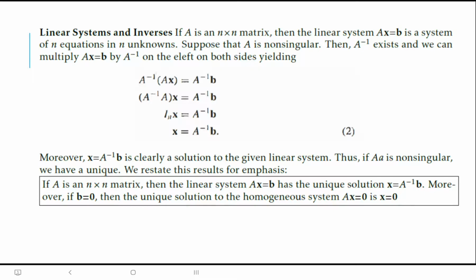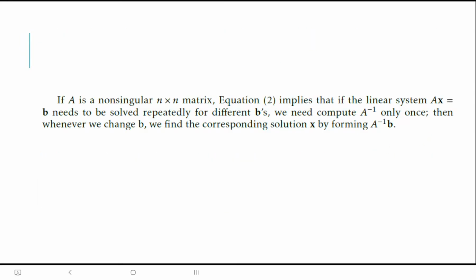So, if A is an n by n non-singular matrix, then the linear system has a unique solution, X equal to A inverse B. Okay, moreover, if B is equal to 0, then the unique solution to the homogeneous system AX equal to 0 is X equal to 0. Okay? Basically, nagpa-follow lang to sa property ng inverse na unique siya. So, since unique yung A inverse, okay, A inverse B, which is the solution, will also be unique. Okay?